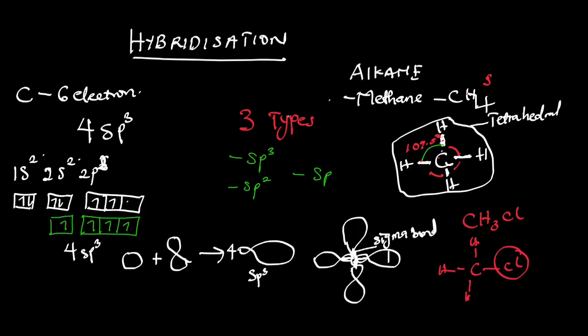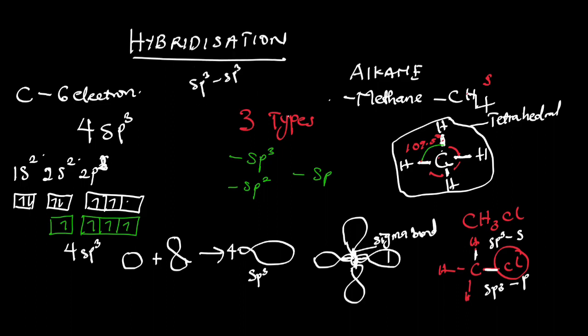Remember, chlorine has a p orbital, instead of an s like H. Do you get that? So in this bond here, sp3 bonds with p, but in this bond here sp3 bonds with what? S. Hope you know. sp3 can also bond with sp3. How can we see this?